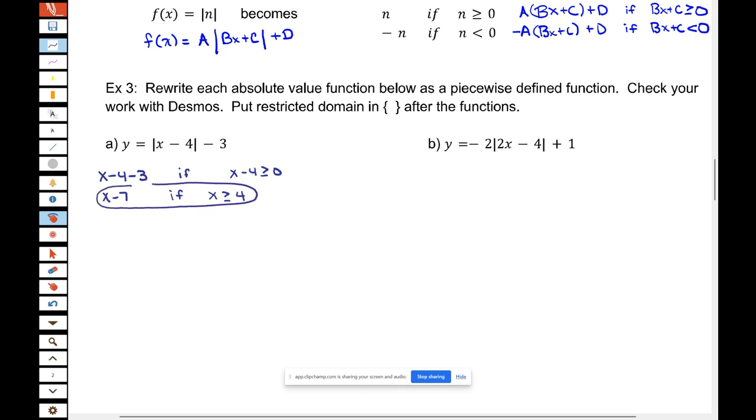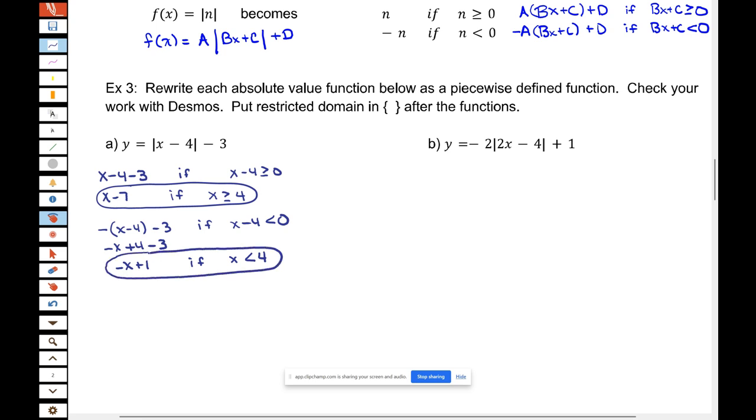So that's one of the 2 that's going to go in my piecewise defined function. It's going to equal the opposite of x minus 4 minus 3 if x minus 4 is less than 0. I'm doing the second part of this now. So negative x plus 4 minus 3 means negative x plus 1 if x is less than 4.